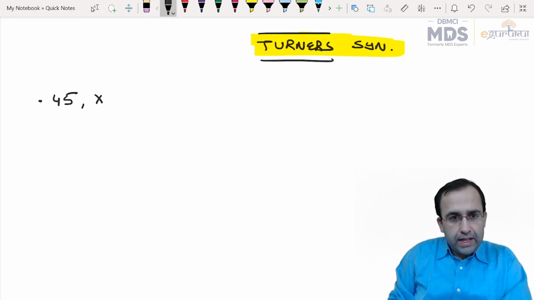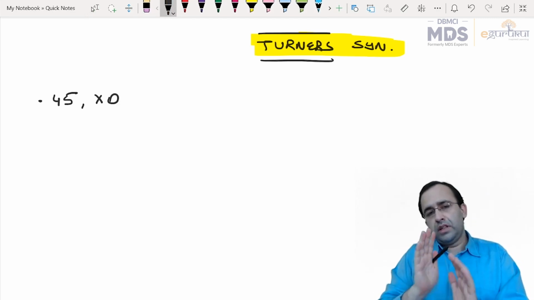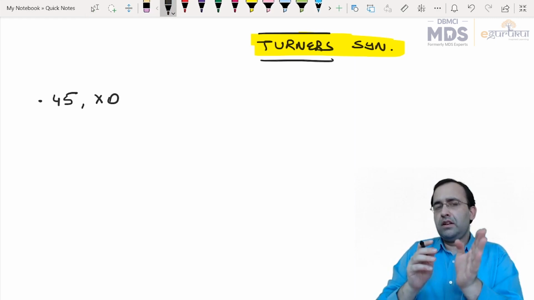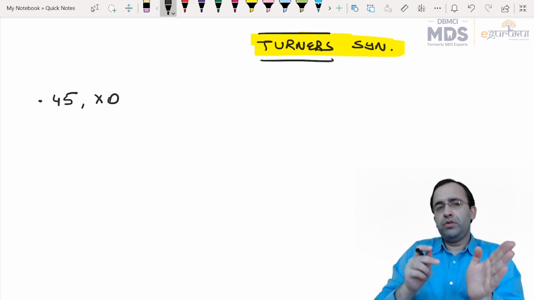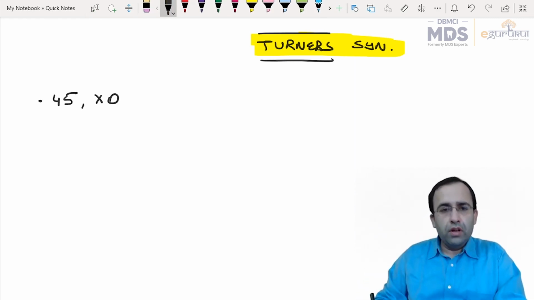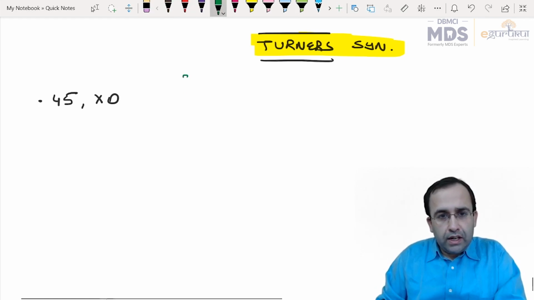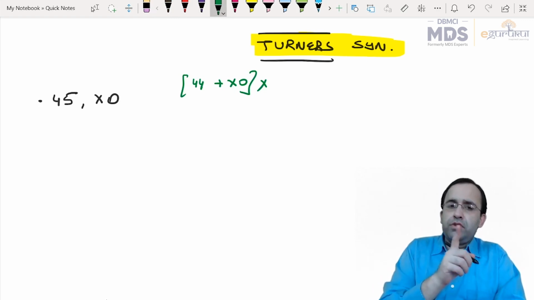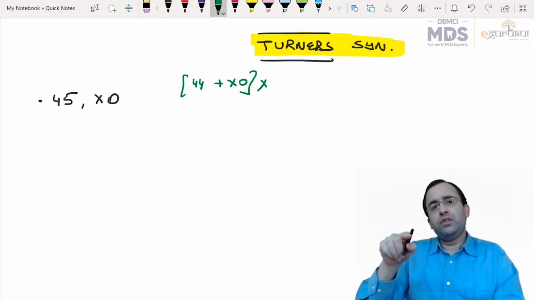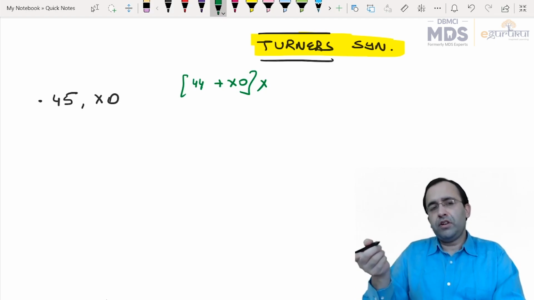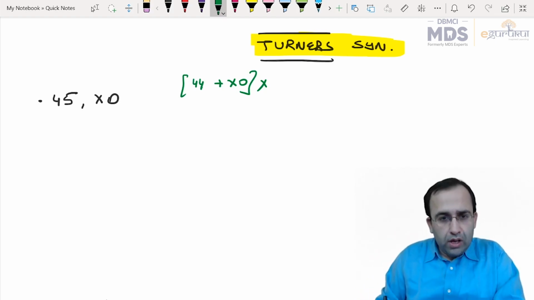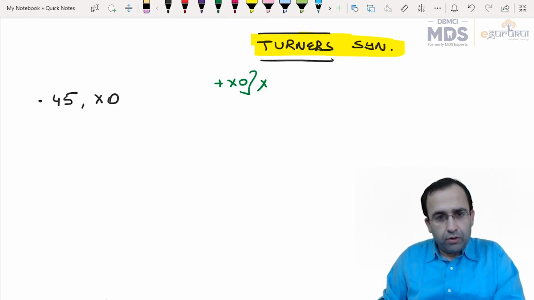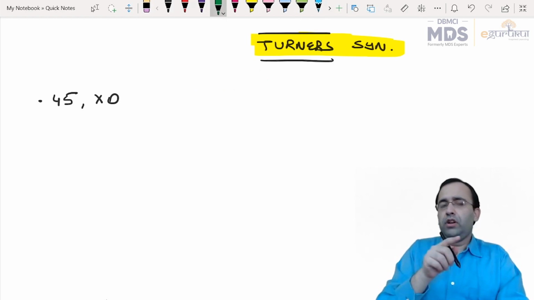This is important. We always write the total number of chromosomes, then the sex chromosomes. Never write it as 44 plus XO. This will be wrong. Normally there are 46, 46 XX or 46 XY, that is normal. Total number of chromosomes 45, because one sex chromosome is lost, 45 XO.